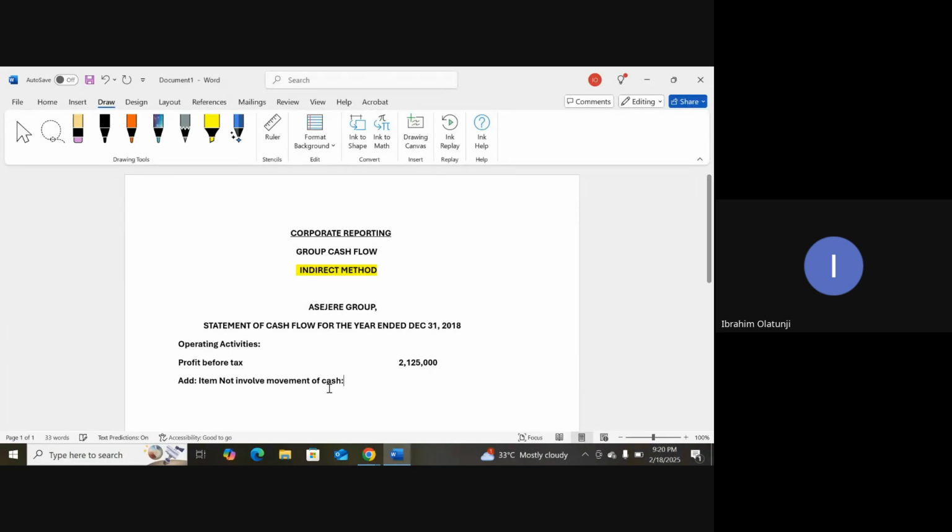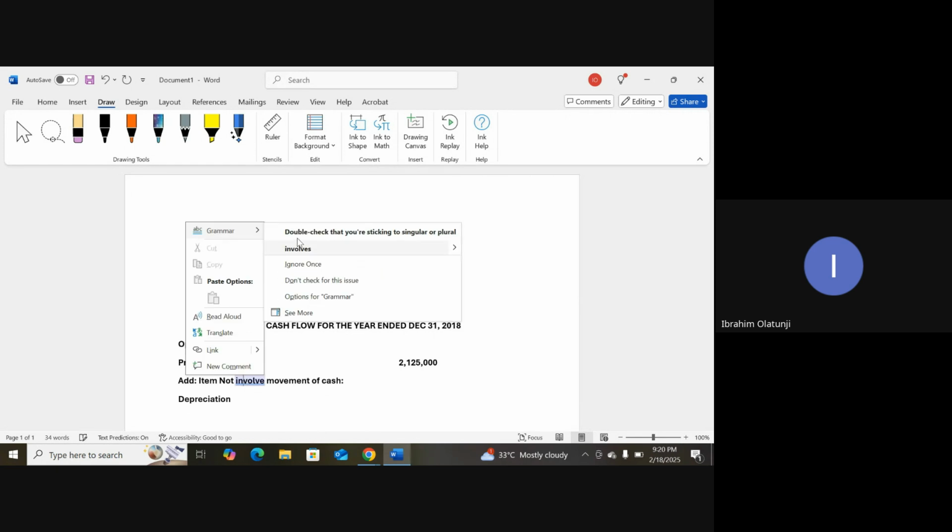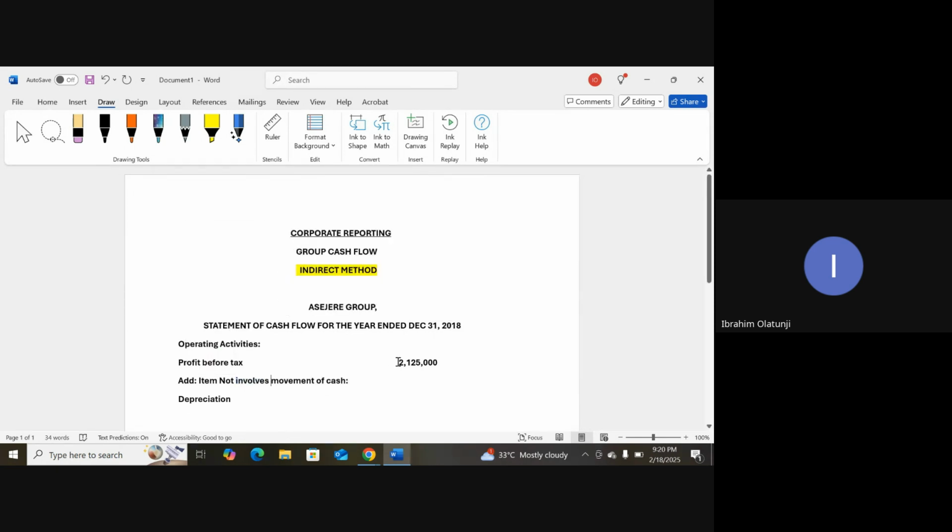Items that do not involve the movement of cash, such as depreciation. Depreciation is an expense and does not involve the movement of cash. Don't forget that in your P or L, depreciation is an expense.